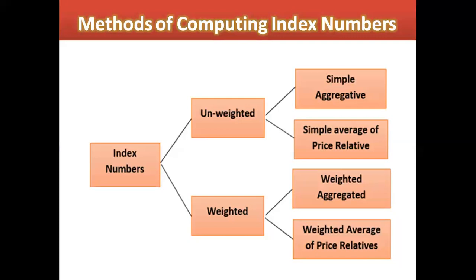Because index number is a method through which we can measure changes in the price level over a period of time. It means that whether a country faces inflation or deflation can be known from the index numbers of prices. Thus, it helps to determine the changes in the economic condition of people. That's why it is important to calculate.